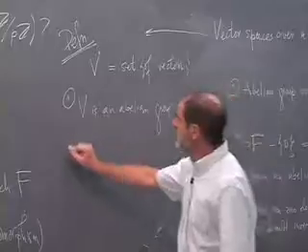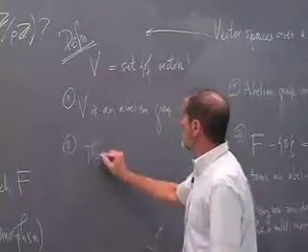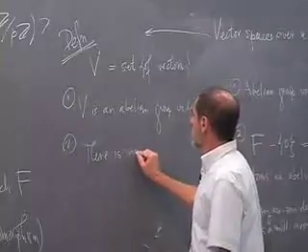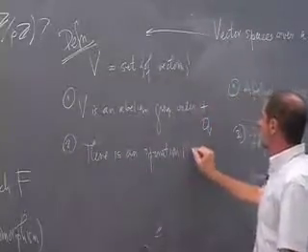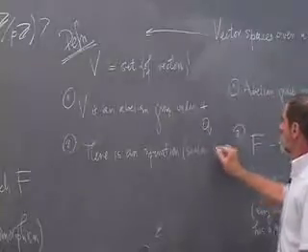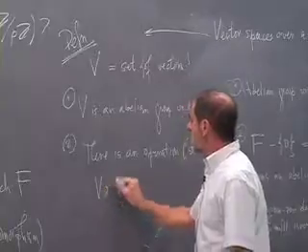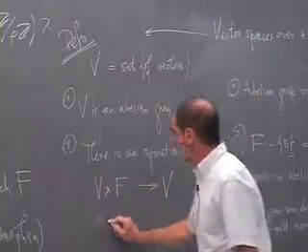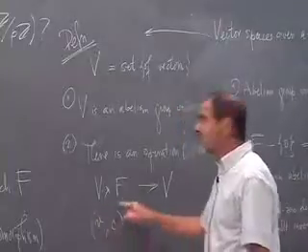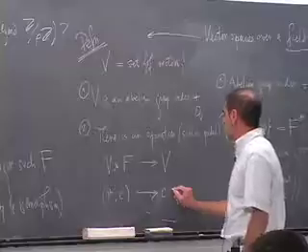And the second, and here's where the field comes in, there's an operation called the scalar product from V cross F into V that takes a vector and a scalar in the field F to the vector c times v.